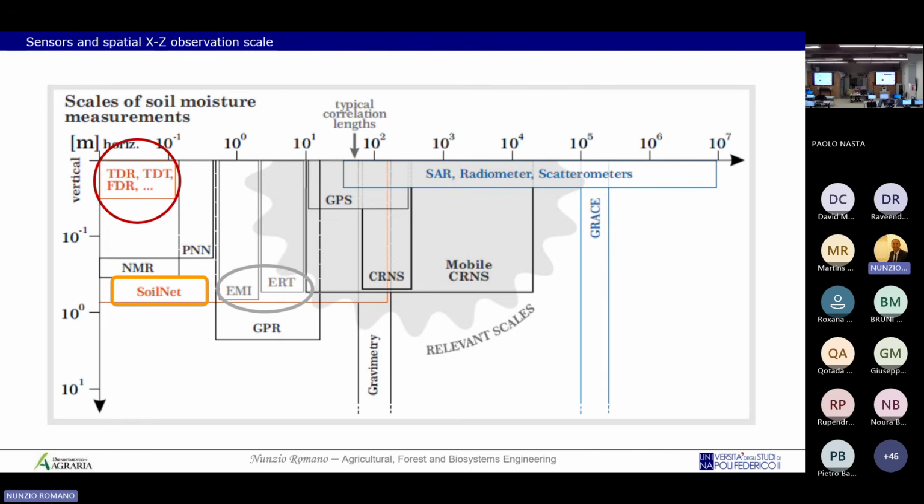When you run a hydrological model, you need the upper boundary condition, but you also need the lower boundary condition. The upper boundary condition can be relatively easy to obtain because you have the rain gauge, you have the weather station, so you can compute the rainfall, the evapotranspiration, and so on.